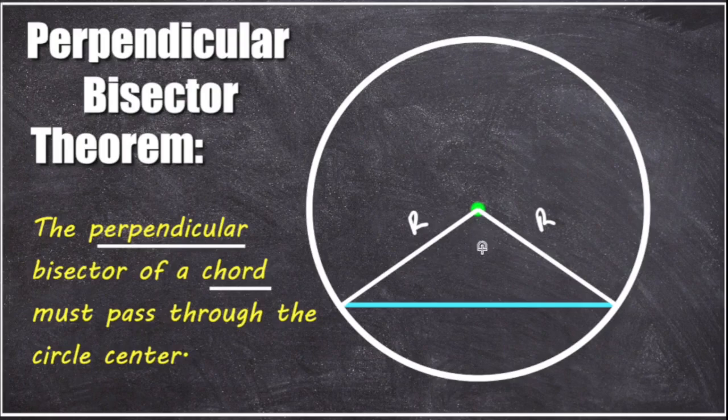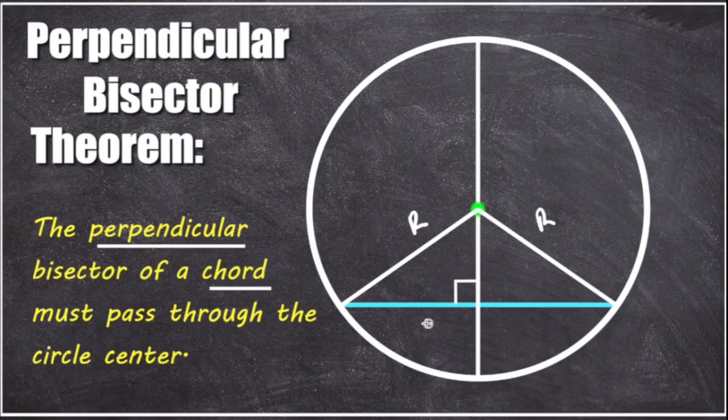Now I'm going to add a line which is perpendicular to the base and passes through the vertex that's opposite the base. When a line like this that is perpendicular to the base passes through the opposite vertex in an isosceles triangle, it also has another very specific property. It must also divide the base into two equal parts, which means that in this triangle, the left side of the base and the right side of the base have the same value.